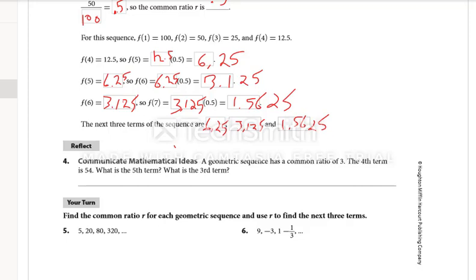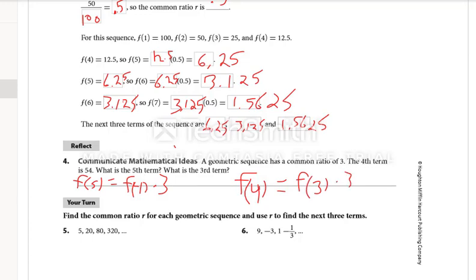So let's look at the reflect. If we know the common ratio is 3, and we know the fourth term is 54, to find the fifth term, f of 5 is f of 4 times 3. Similarly, f of 4 is f of 3 times 3.